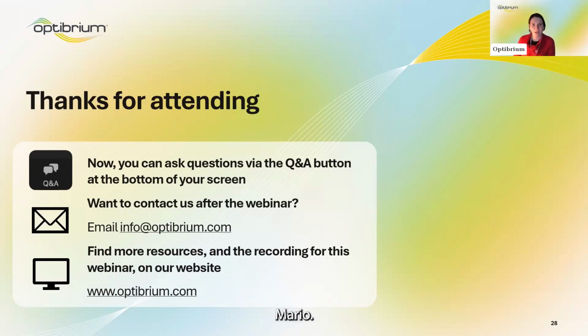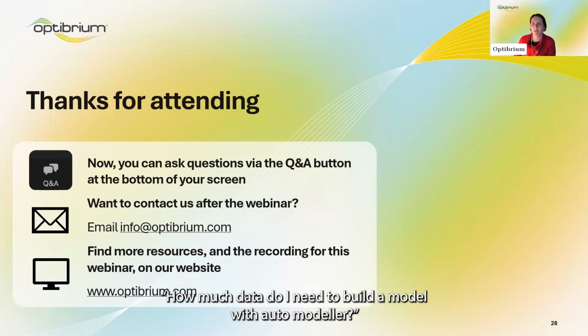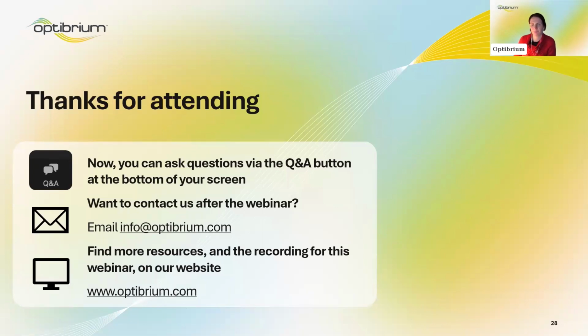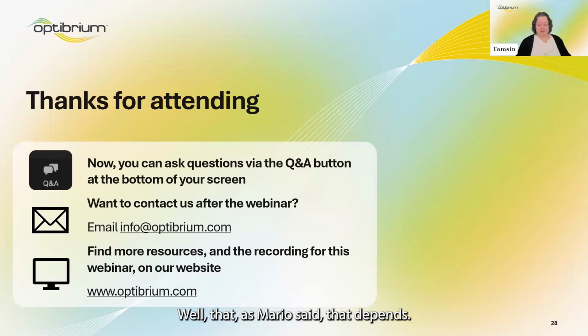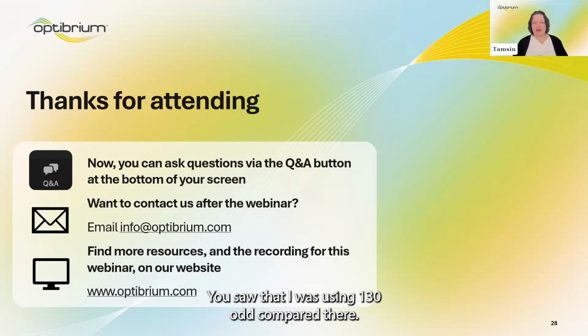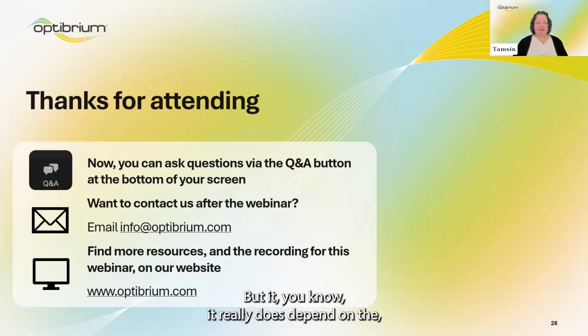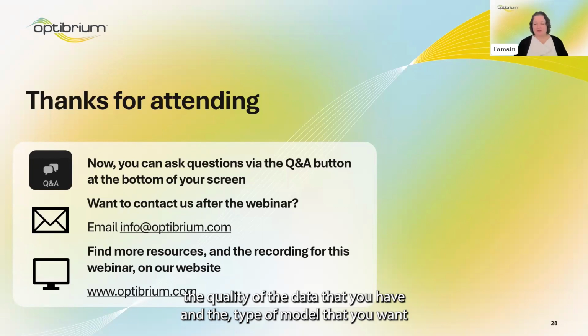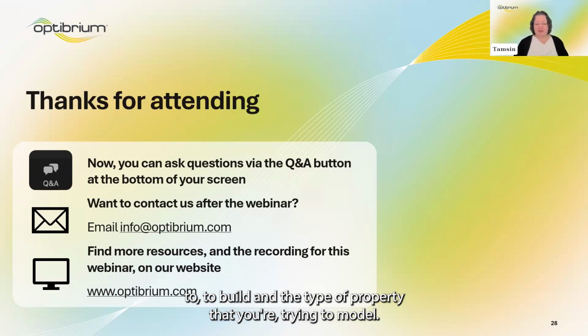Thank you, Mario. Tamsin, I have a question for you next. How much data do I need to build a model with Auto Modeler? Well, as Mario said, that depends. You saw that I was using 130 odd compounds there, but it really does depend on the quality of the data that you have, the type of model that you want to build, and the type of property that you're trying to model.